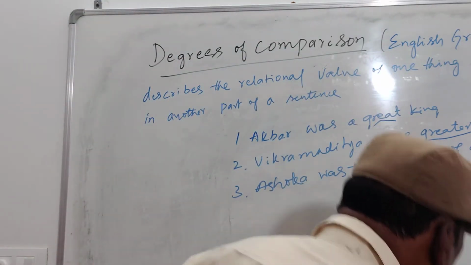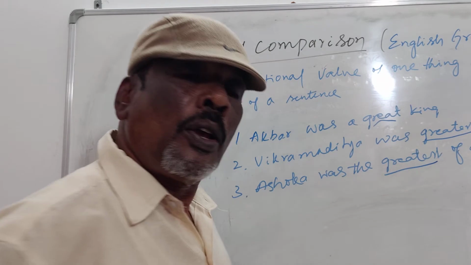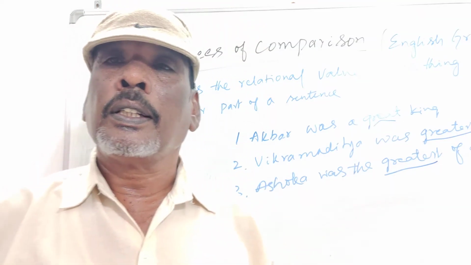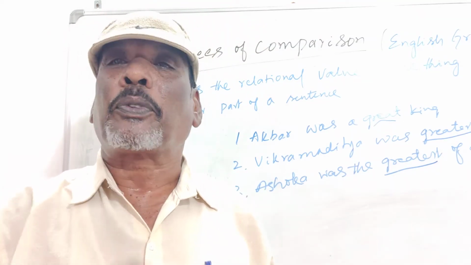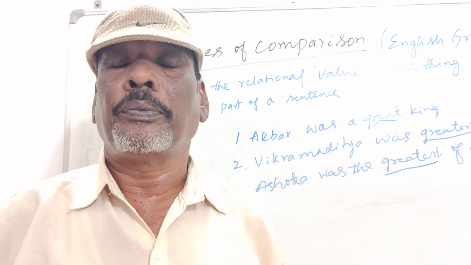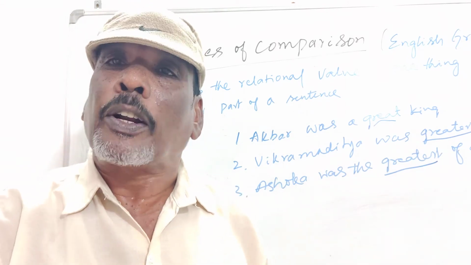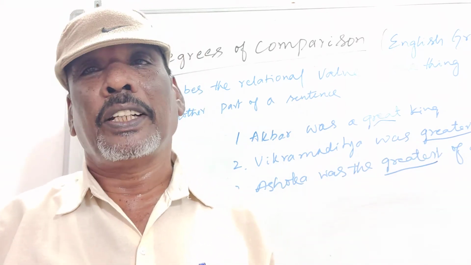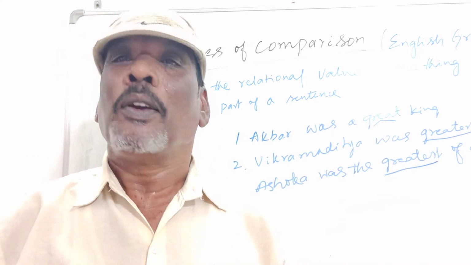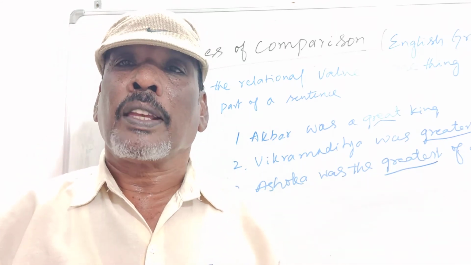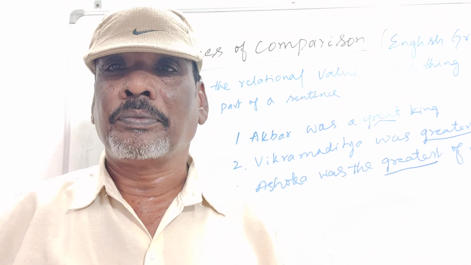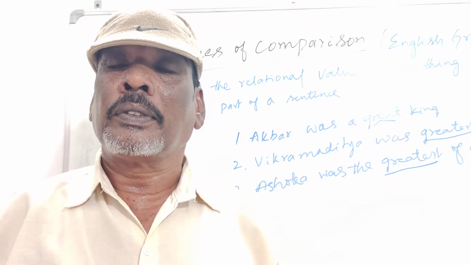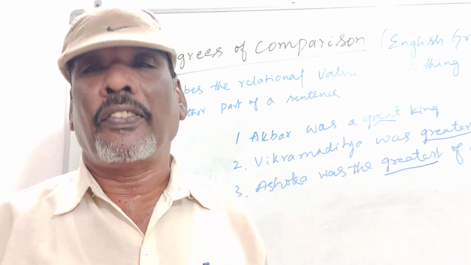Before going to understand this, we should know that there are two types of assertive sentences. One is affirmative sentence, another one is negative sentence. For example, for a question, is he a teacher? For this question, we get two types of answers.